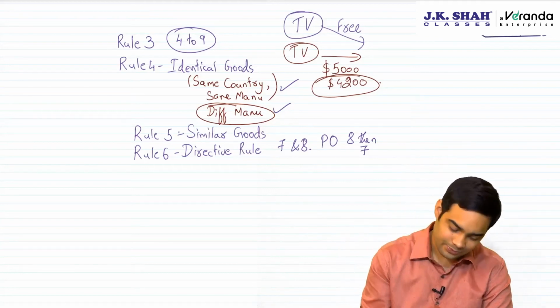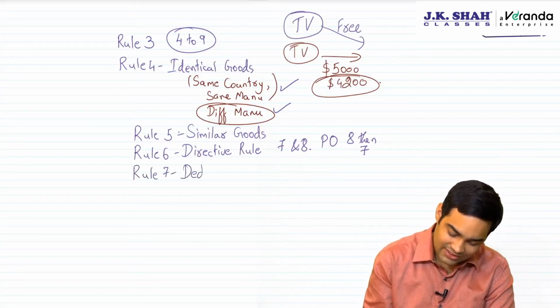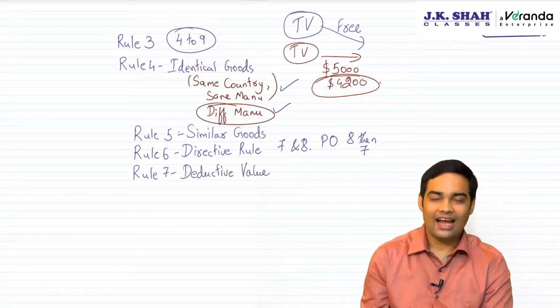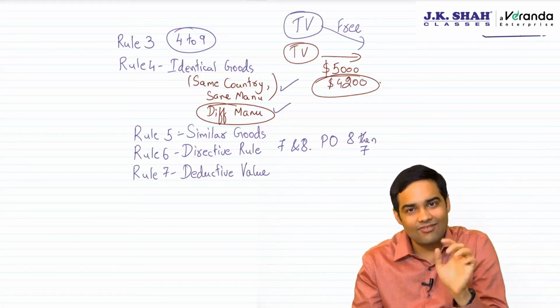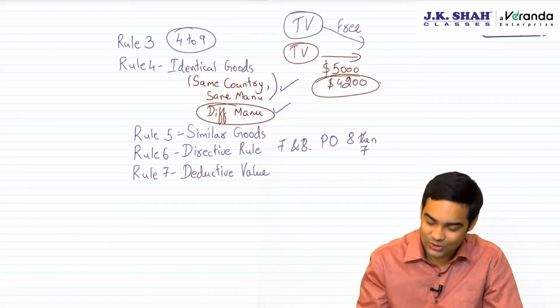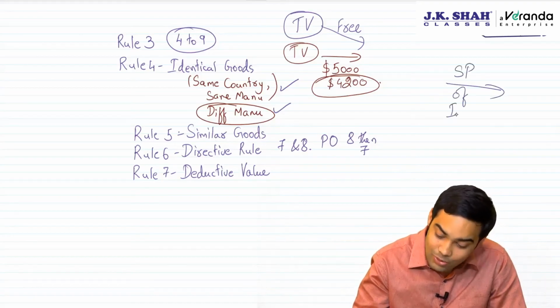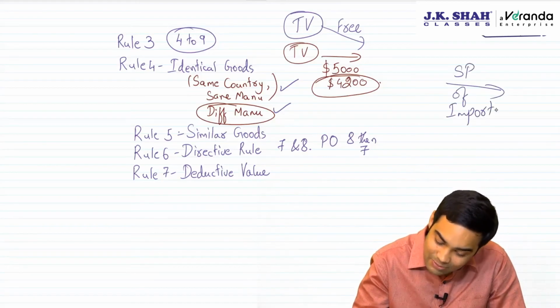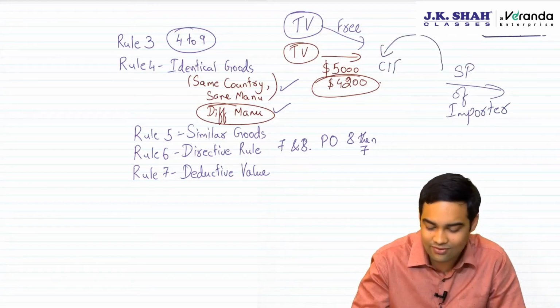I'll tell you. Rule 7 is deductive value. When we say deductive value, what do we mean? Till now we were trying to compute the value, that is CIF, in India. Deductive value means the sale price of the importer. The importer has imported that, and from the sale price of that importer, you go back to CIF.